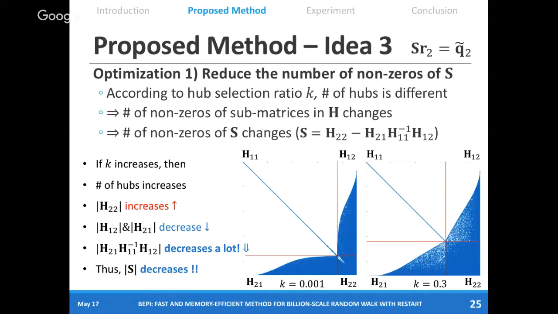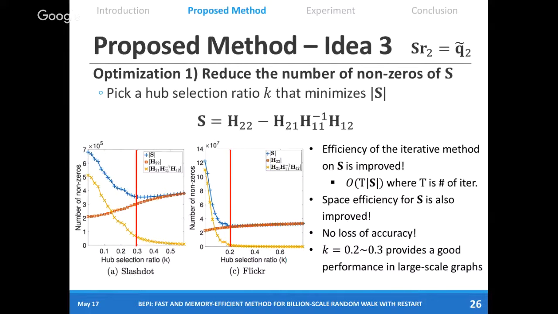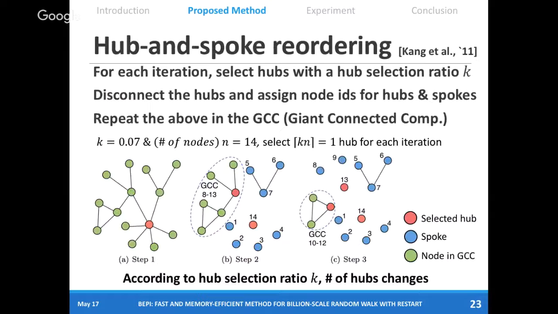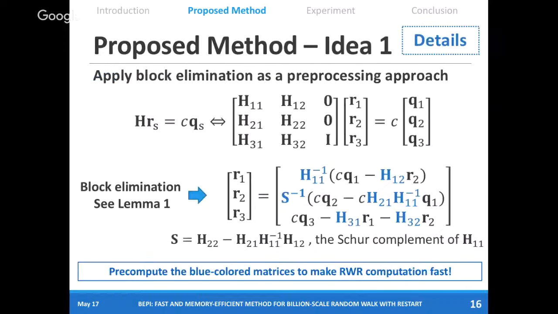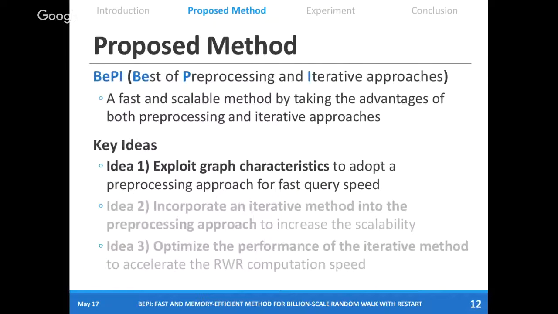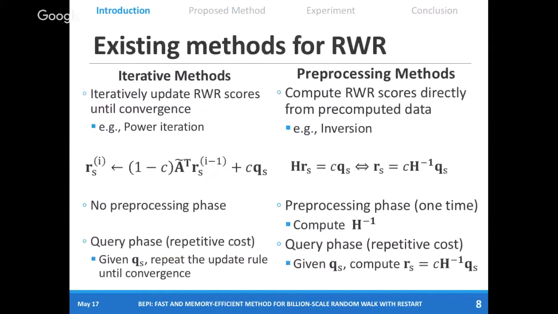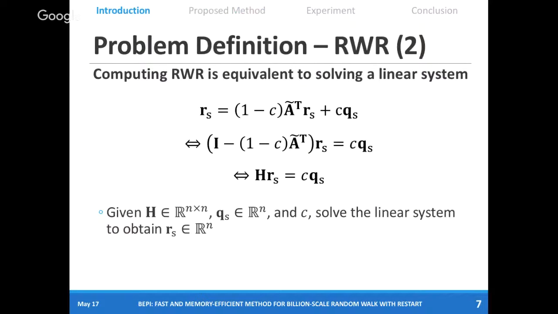You mean actually H constructed from this equation. Okay. H is constructed by this equation, and this is an adjacency matrix, and this is the identity matrix.